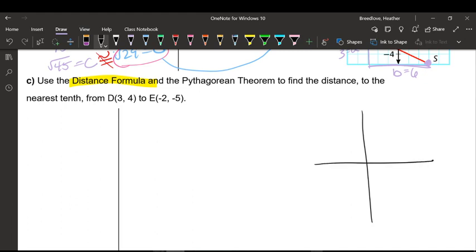My graph would not print into my OneNote for some reason. So 3, 4. 1, 2, 3. 1, 2, 3, 4. That's point D. And 1, 2. 1, 2, 3, 4, 5. That's point E. And there is my line. All right. So the way we just did it, we're going to do the same thing again for DE.